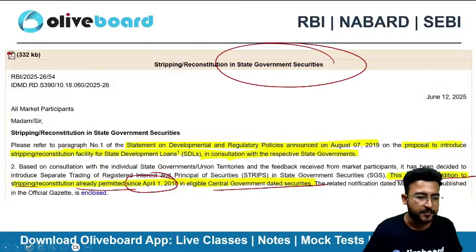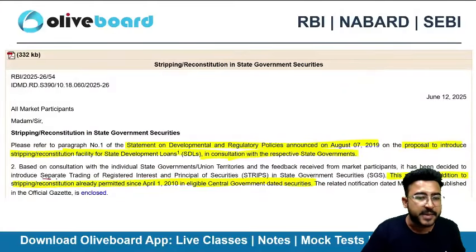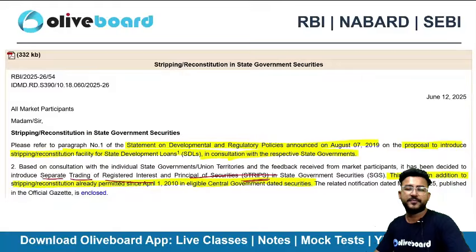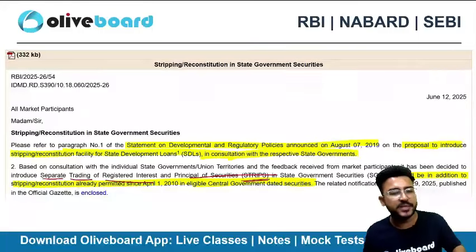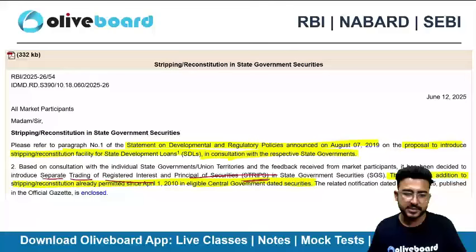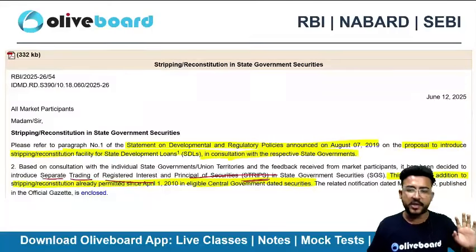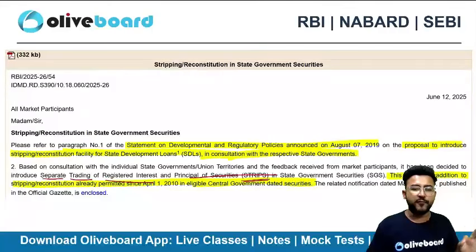What is the full form? Separate Trading of Registered Interest and Principal of Securities, STRIPS, in the state government securities. That's the full form of STRIPS.